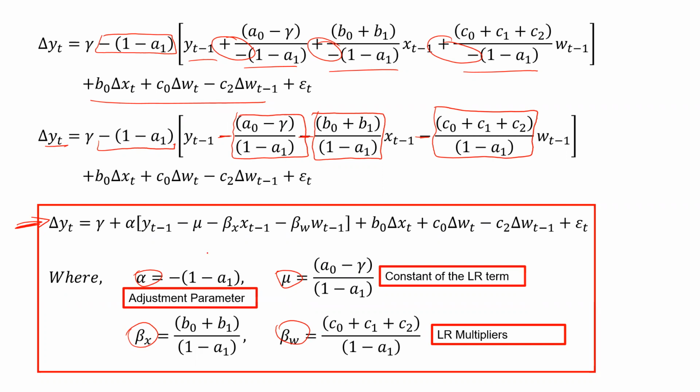And one interesting feature of the ECM representation is that it allows you to analyze the long run effects of the variables on yt and the short run effect of those variables on yt as well, right?